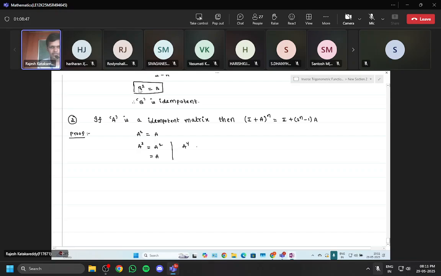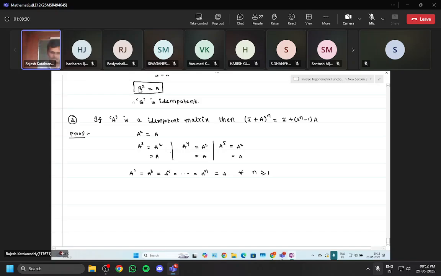A power 4 is equal to A square, which will be A. Similarly, A power 5 is also equal to A square, which is A, and so on. You can prove that if A is idempotent, then A square is equal to A cube is equal to A power 4 is equal to A power n is equal to A for all n greater than or equal to 1. If n is 1, A is A only. So if A is an idempotent matrix, I can use this: A square, A cube, A power 4, and so on, going till A power n, is A itself.